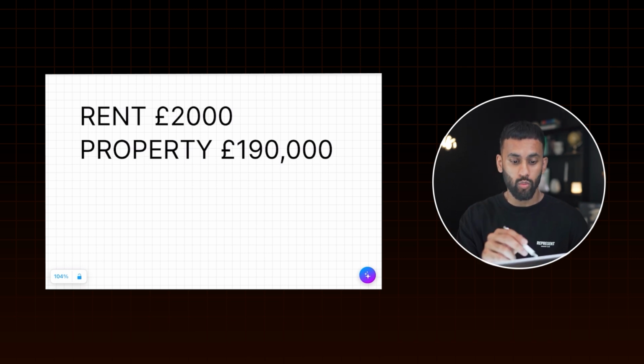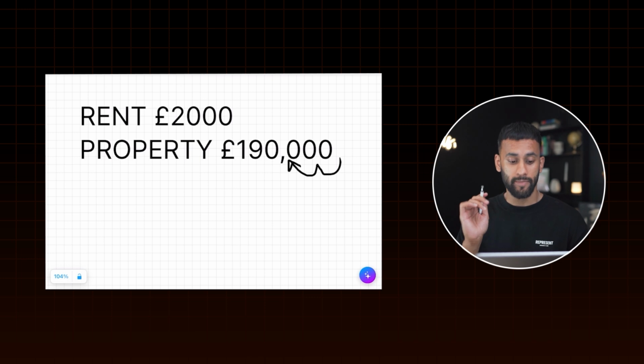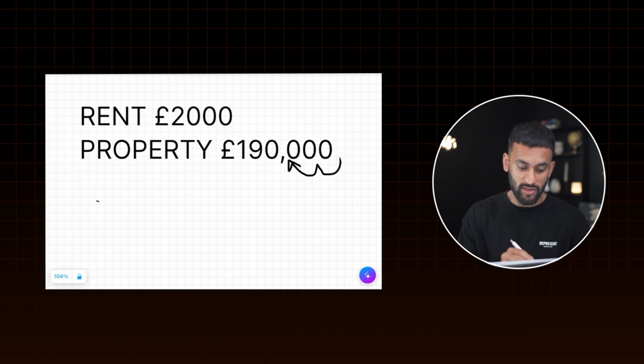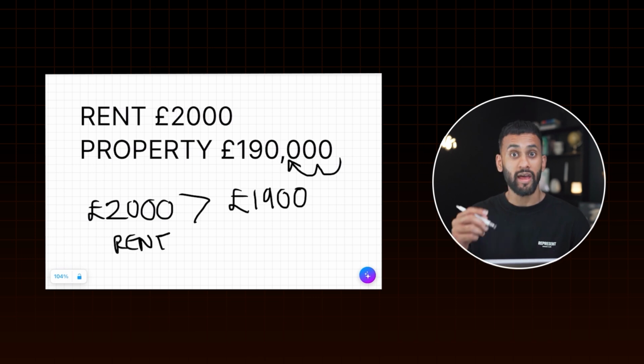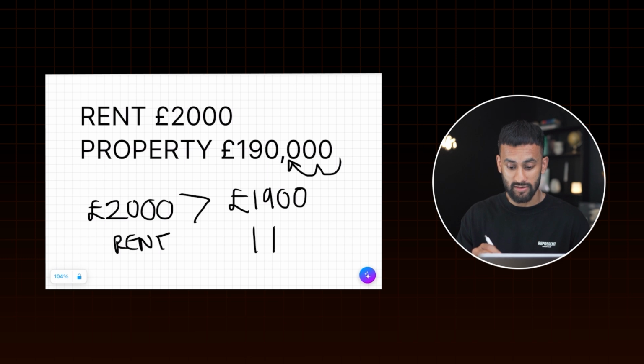So to calculate 1% of 190,000, all you do is move the decimal place two places. That gives you £1,900. The rent we know is already £2,000, which is obviously greater than £1,900, and this effectively means that it does meet the 1% rule.